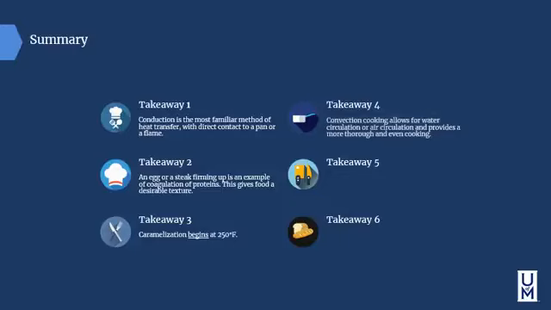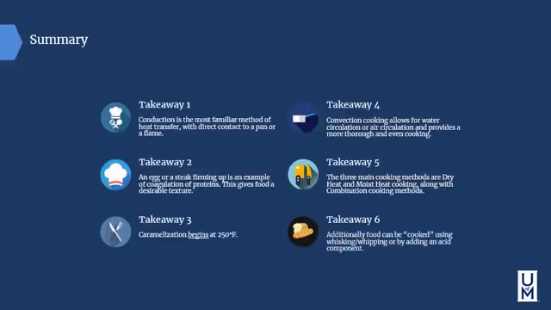Convection cooking allows for water circulation or air circulation and provides more thorough and even cooking. The three main cooking methods are dry heat and moist heat cooking, along with combination cooking methods. Additionally, food can be cooked using whisking, whipping, or by adding an acid component.